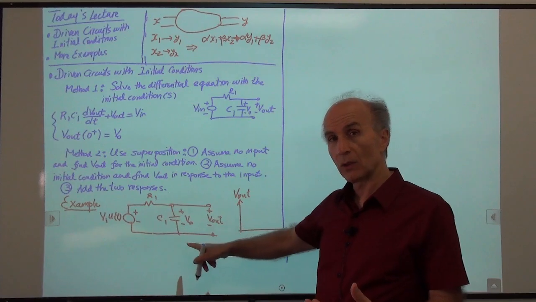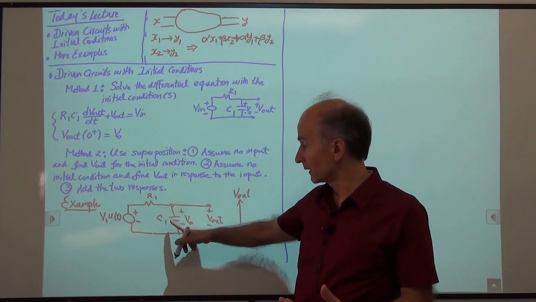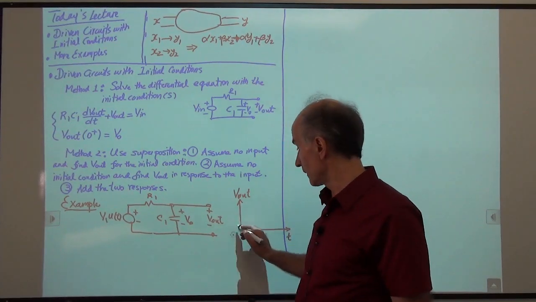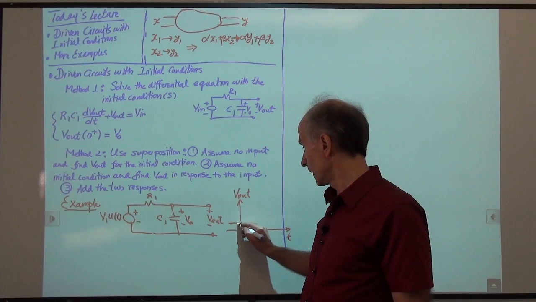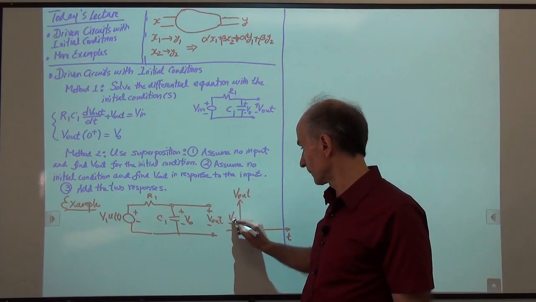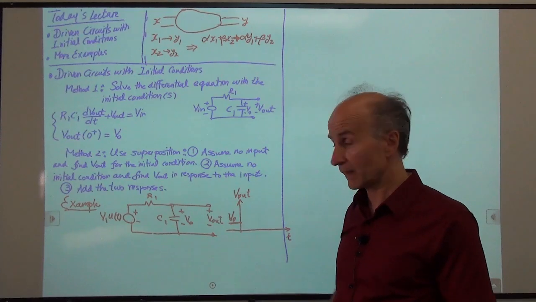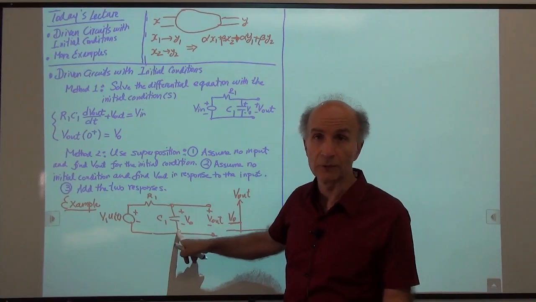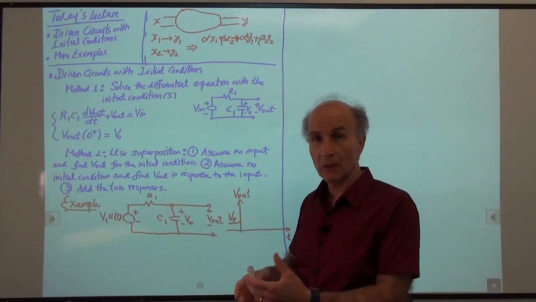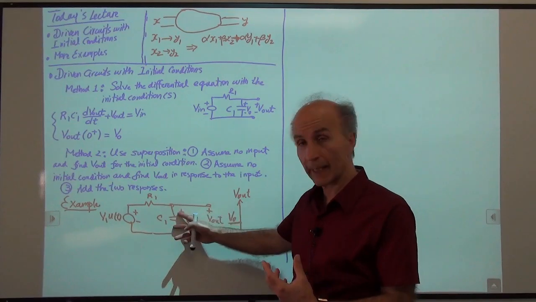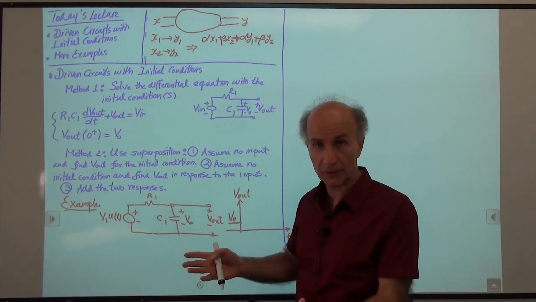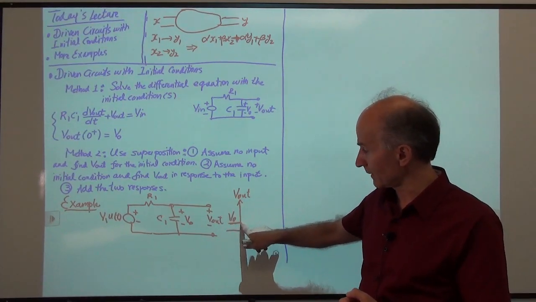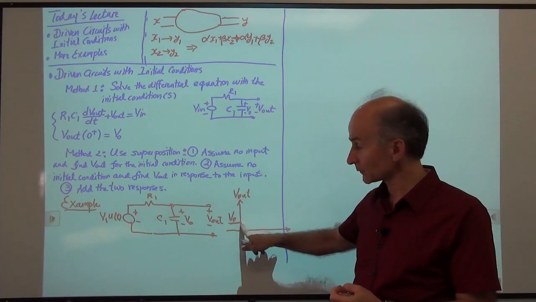So that means that the voltage on the capacitor cannot jump at time 0. So if it is V0 before time 0, it still has to be V0 after time 0. It's fortunate that the voltage of interest to us happens to be the same voltage across the capacitor. That's not always true. But because we have this situation, we can readily say that the voltage at the cap, which happens to be V out, doesn't change in 0 time. V out is V0 and stays at V0.